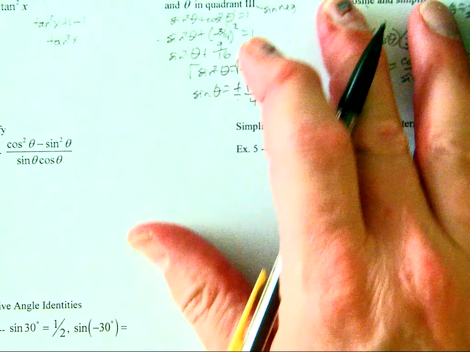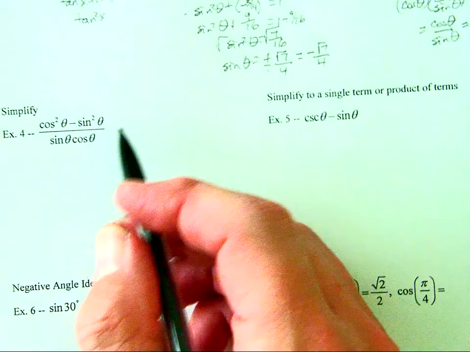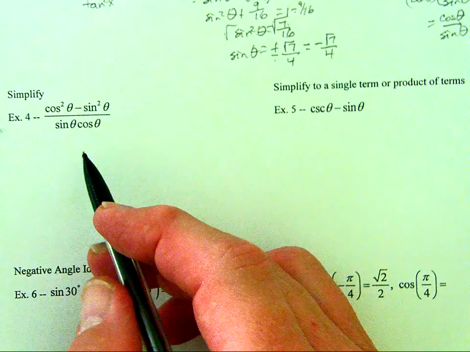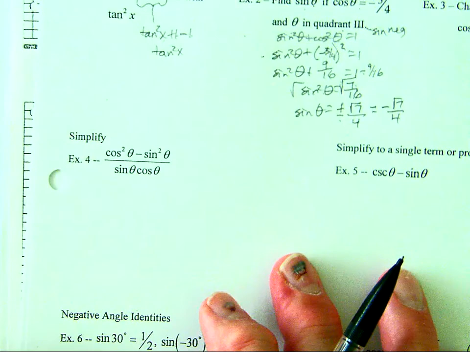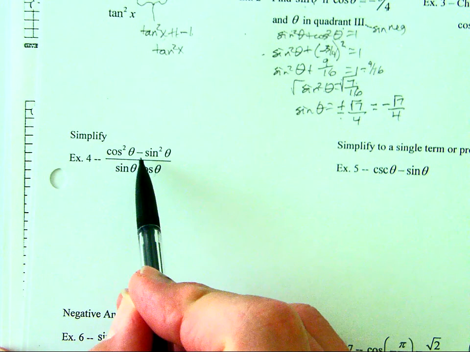We want to simplify cosine squared minus sine squared over sine theta cosine theta. Now on this one, a lot of times if you see here on the bottom, we have a single thing on the bottom. This is all multiplied together, and the top is two separate terms.